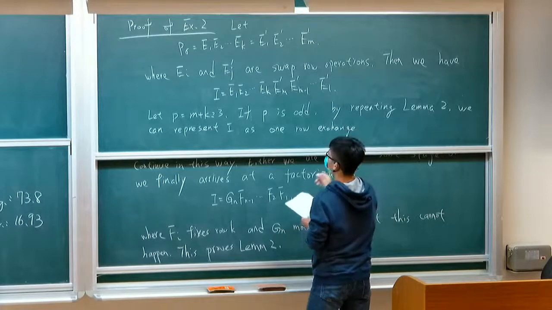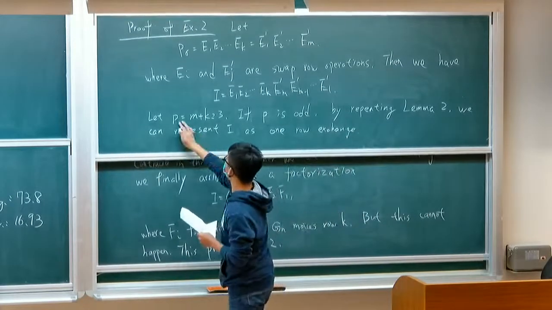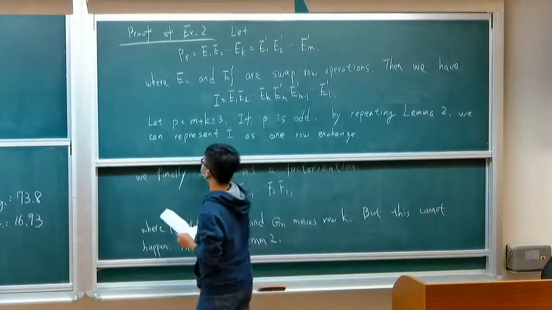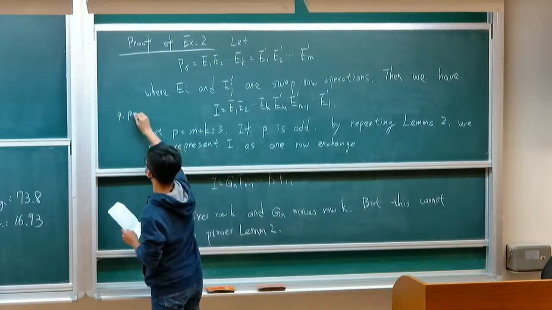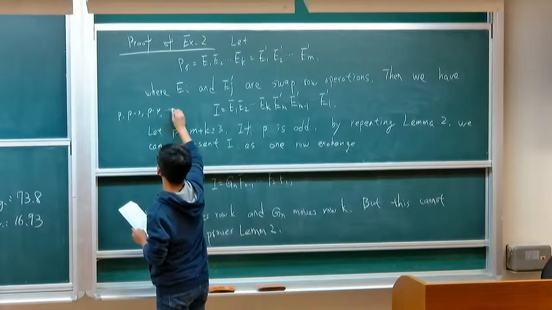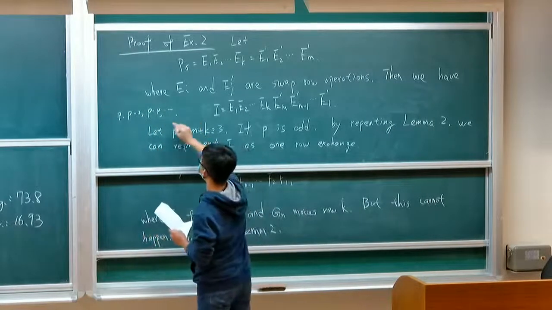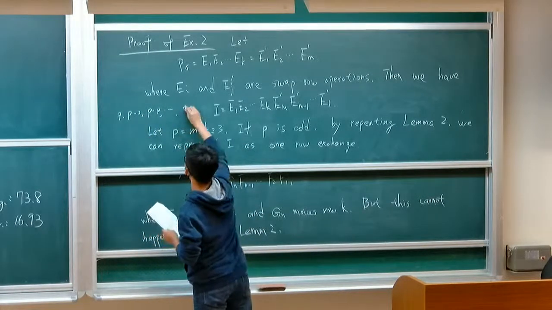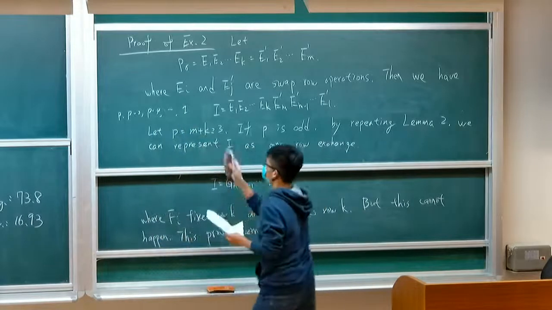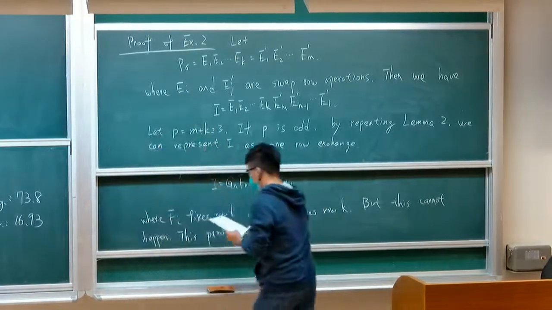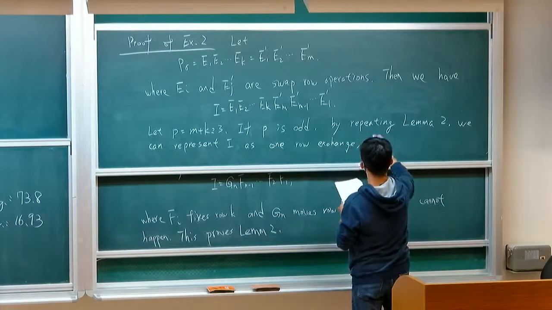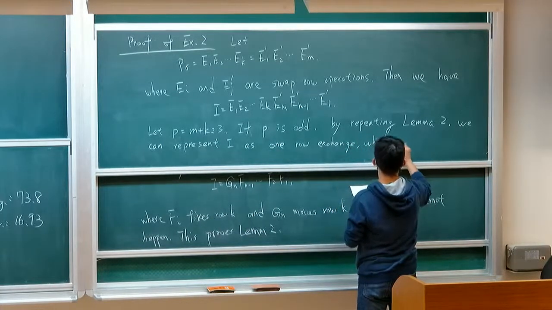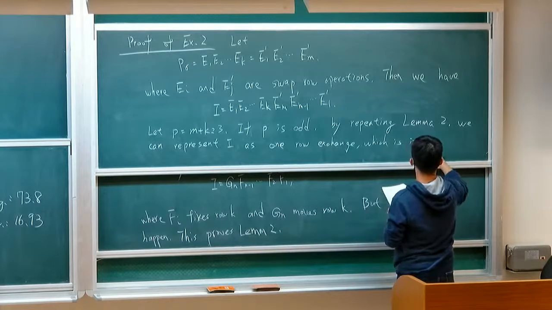Since now we have P row exchanges, by lemma 2, we can express I with P, P minus 2, P minus 4, and so on. Ultimately, it will go to 1. But that's impossible.